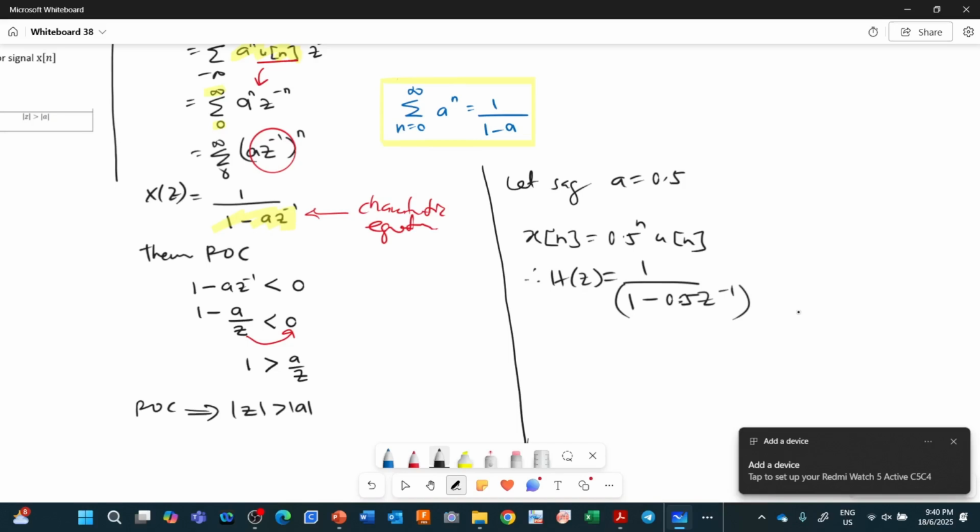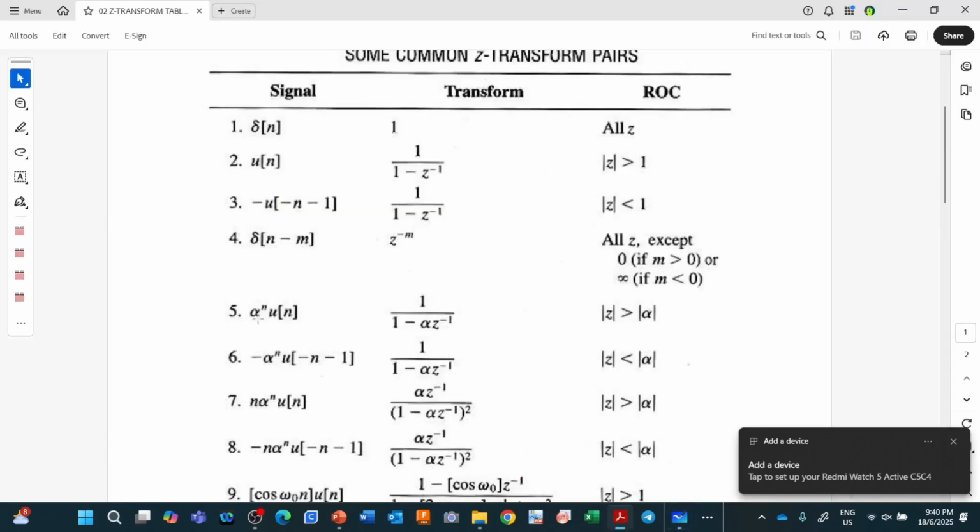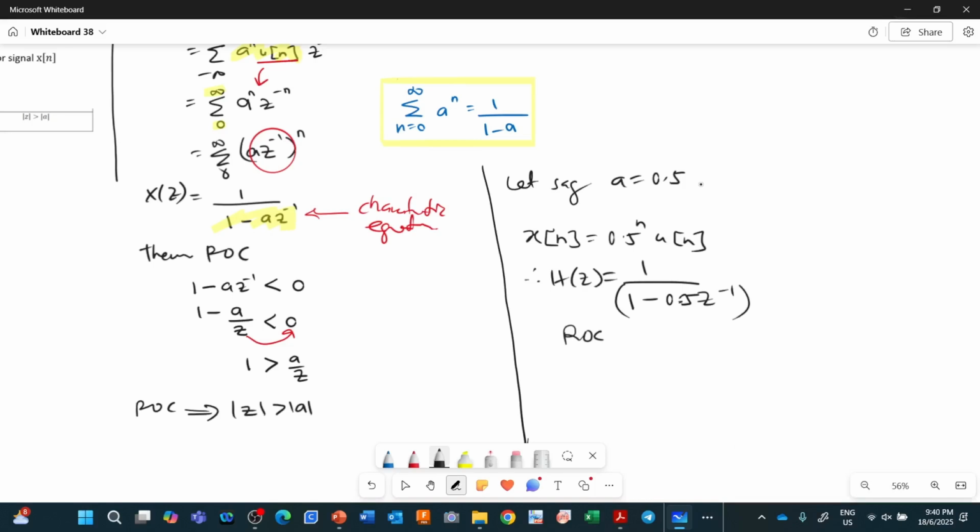Directly look at the table, and then after that we determine the ROC. For this case, just look at the table. The ROC for alpha^n u[n] is |z| more than a. So the ROC is |z| more than 0.5.